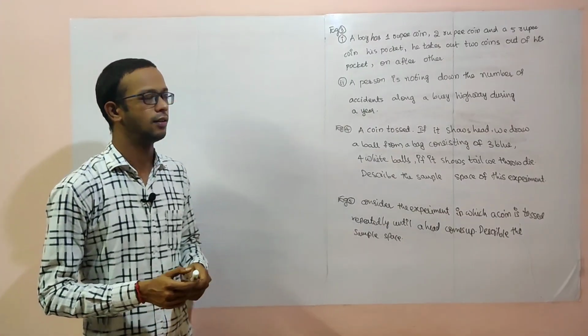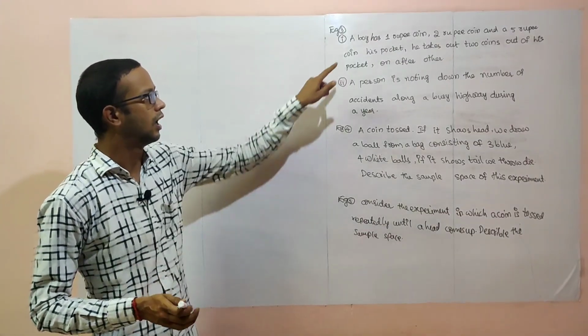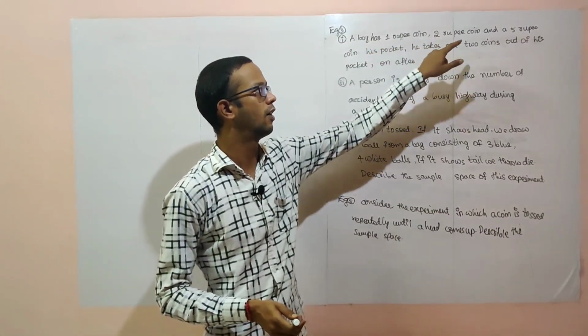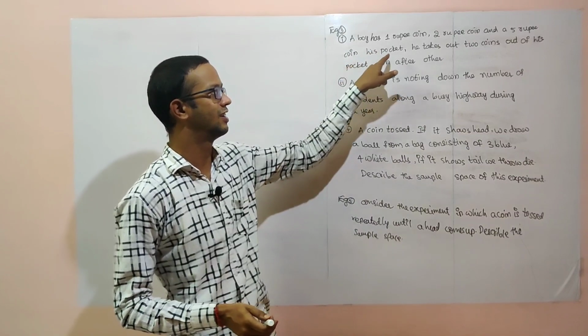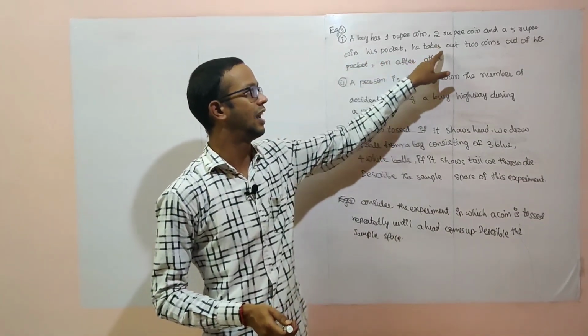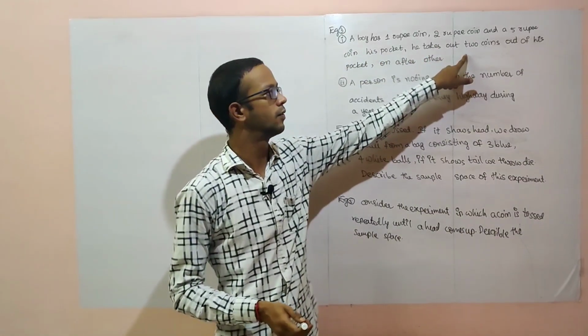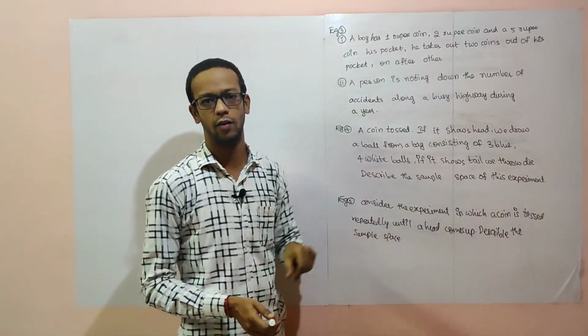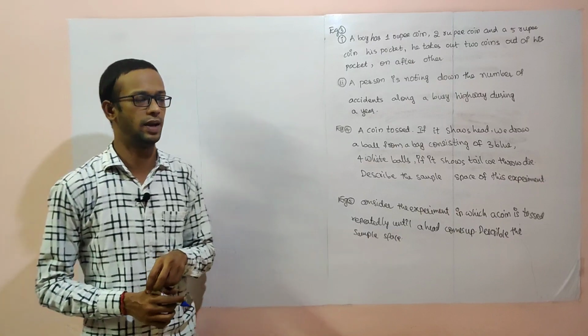Next, example 3. A boy has a 1 rupee coin, 2 rupee coin and 5 rupee coin in his pocket. He takes out 2 coins out of his pocket, one after the other. We have to find the sample space.